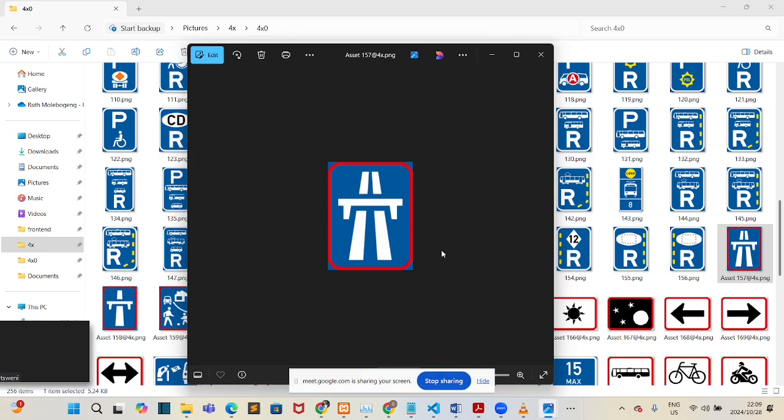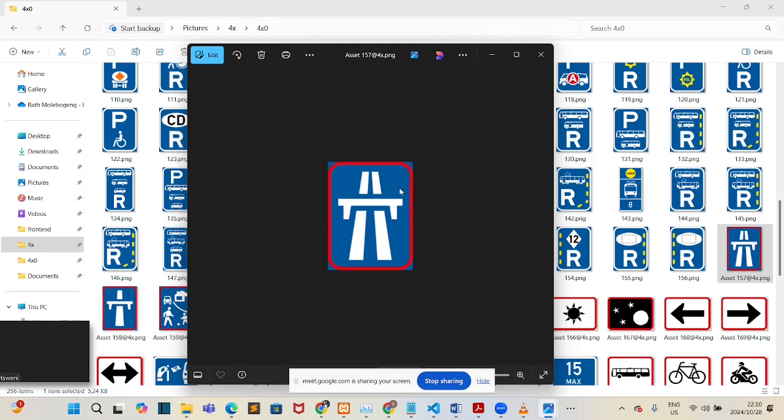B, the start of a dual carriageway freeway. C, a railway line that crosses the road ahead. Which one's correct? A, B, or C? B. B, right? It's B. Correct. Yes. So this is showing us the start of a dual carriageway, right?